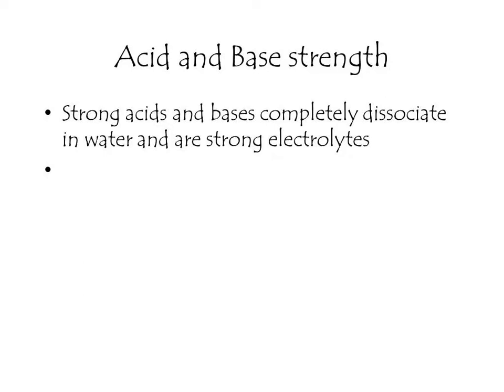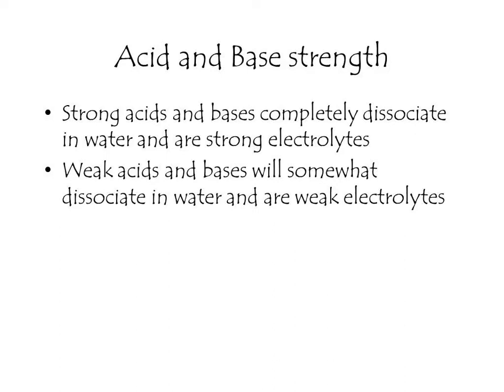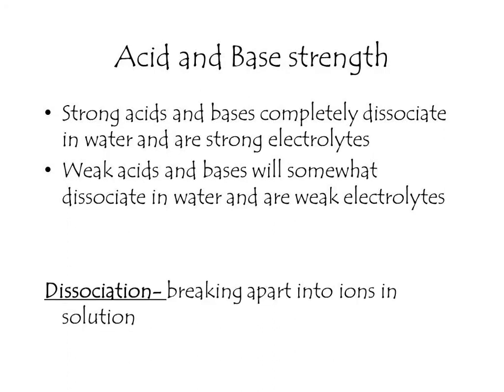And weak acids and weak bases only somewhat dissociate in water. They don't like to separate from each other very well, and they're considered weak electrolytes. Just a quick reminder, dissociation means breaking apart into ions in the solution. So when you add sodium chloride into water, it dissociates into its ions, sodium ion and chloride ion.